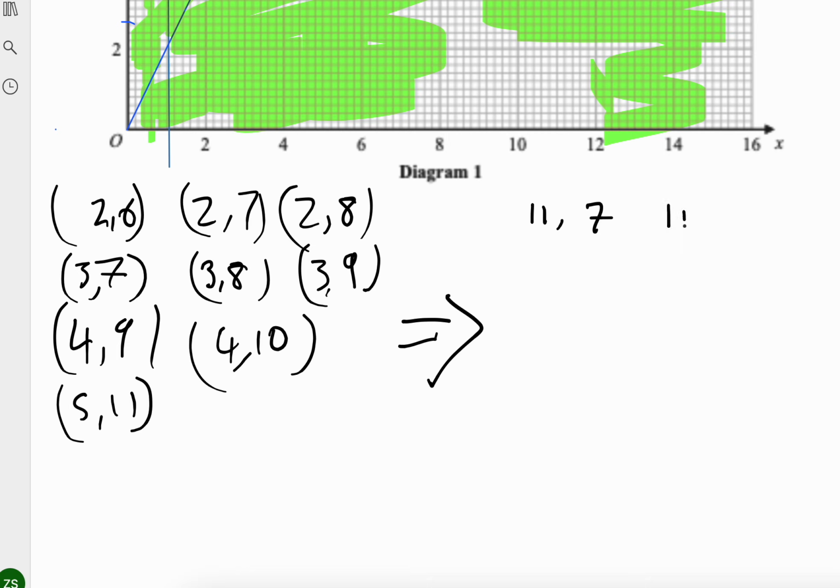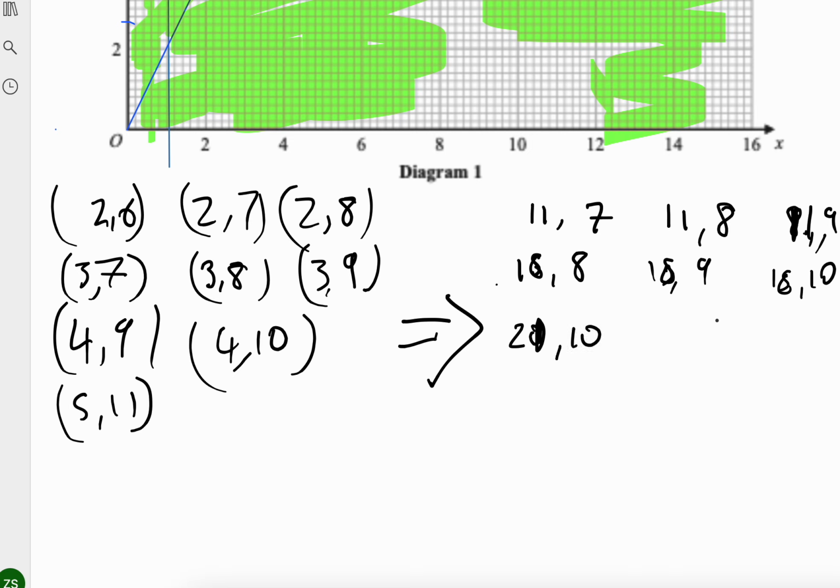So 5x plus 1 is 11, and y plus 1 is 8, then 11 and 9. Then 5x plus 1 is 16 with 8, 9, 10. Then 21 with 10, 11, and 26 with 12.